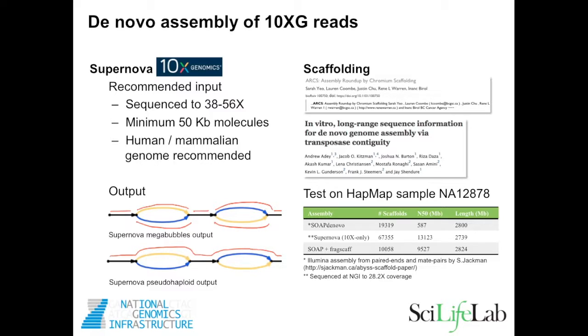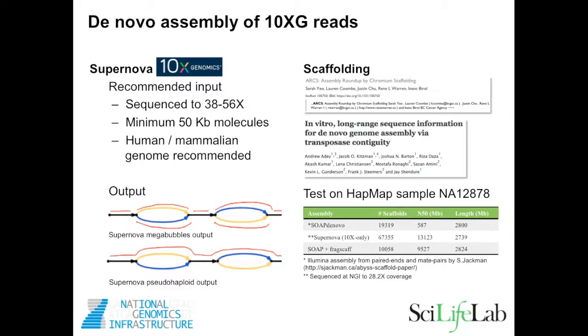And the other method is to use these reads for assembly scaffolding. Currently, there are two programs for this: ARCS and FragScaf. I have tested FragScaf for a HapMap sample. It's a SOAP de novo assembly combined with a 10x run that we did for this same sample.